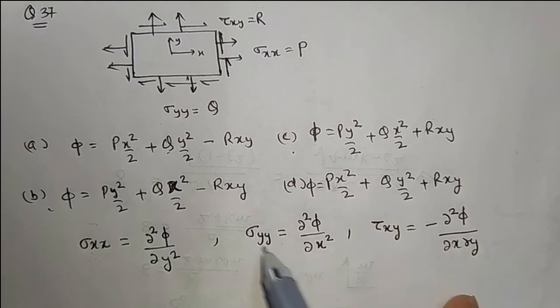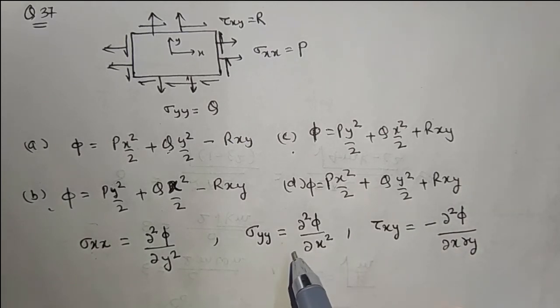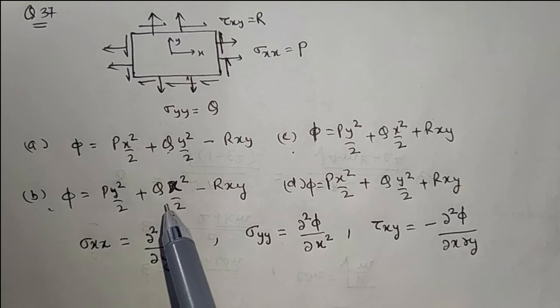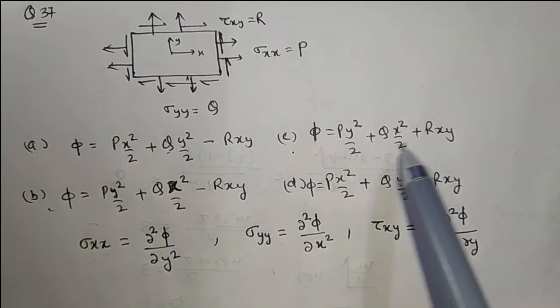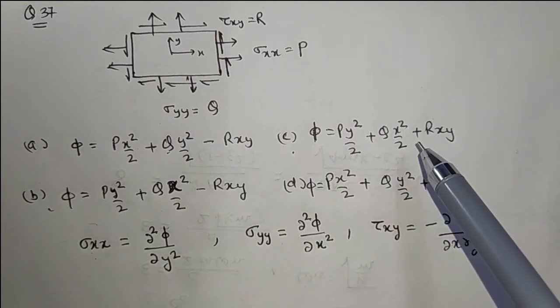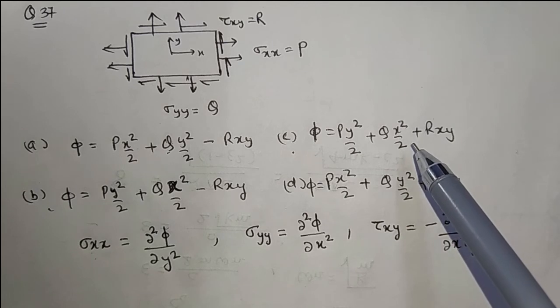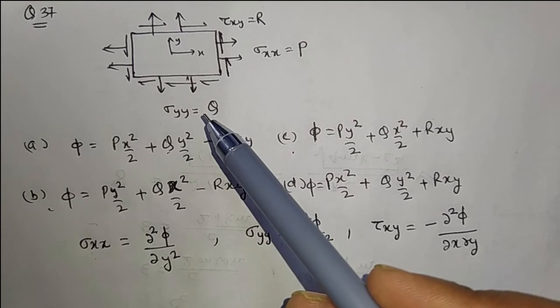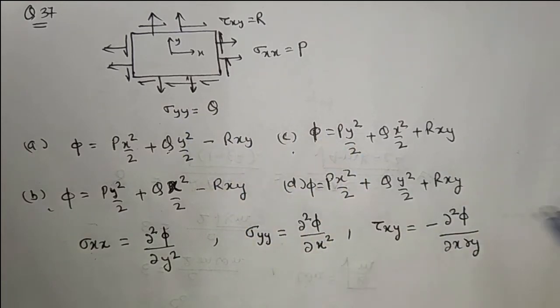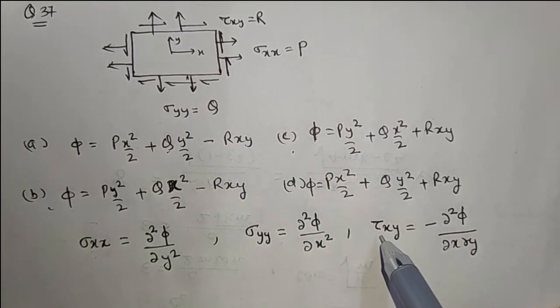Now we will check by sigma y. If we differentiate this equation B, we will get the value of sigma y equal to Q. Similarly, here, if we differentiate this equation with respect to x two times, we will get the value of Q, which is same as in the given question. Now we have to choose the value of shear stress.